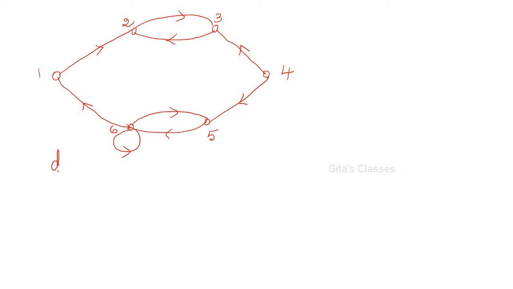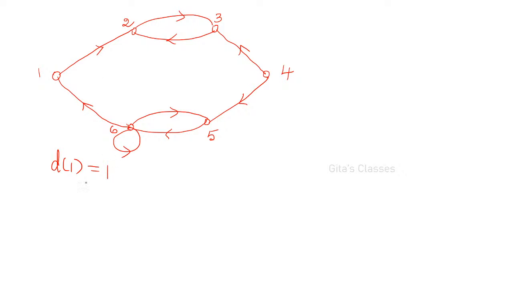What is the period of 1? If you are able to come back to 1, you can find it. Otherwise, it is always 1 only. You go to 2, from 2 to 3, you cannot come back to 1, so the period is always 1. If it is not possible to come back, you consider the period to be 1.